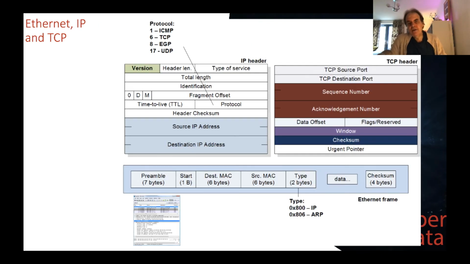So here are the basic fields that we have with Ethernet, IP and TCP. So we typically show an Ethernet frame along this way, but we show TCP and IP headers stacked up like this. This is 16 bits across here that I've identified.